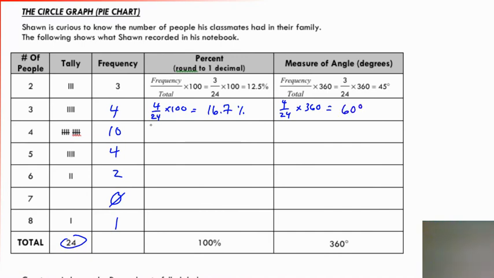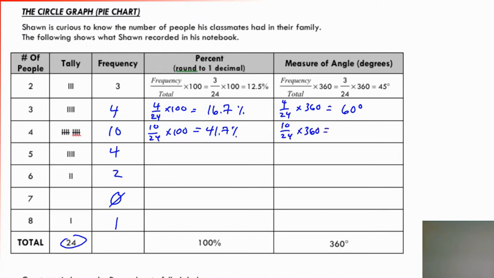All right, let's keep going. So 10 divided by 24 times 100 is 41.7%. Then 10 over 24 times 360.